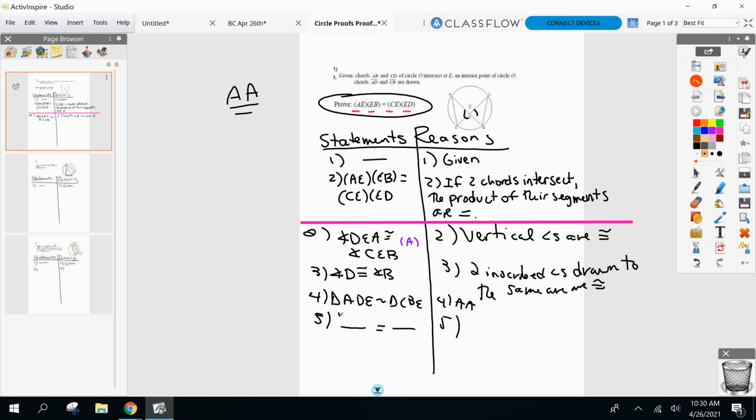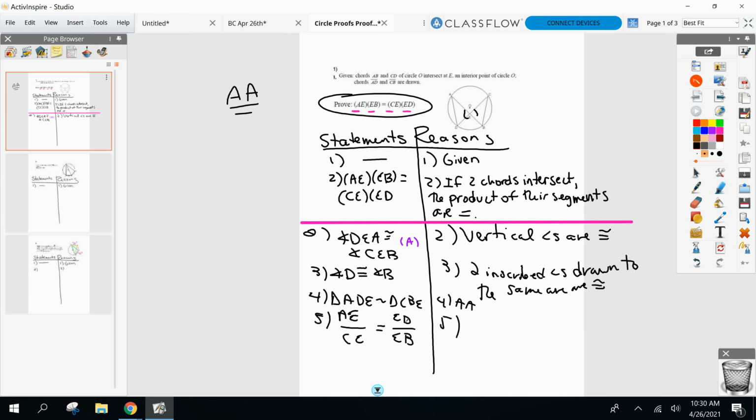Because if I put AE right here on the top left, and I'm supposed to multiply it by EB, where the heck does EB have to go then? Bottom right, because when I set up a proportion, I solve it using cross multiplication. So they have to go diagonal of each other, and then CE and ED can go in the remaining two spots. Reason why that's true?